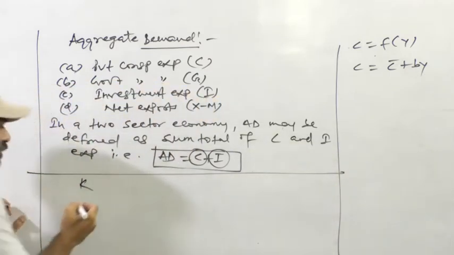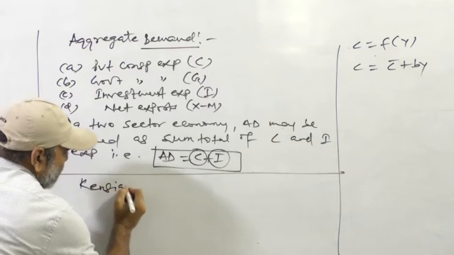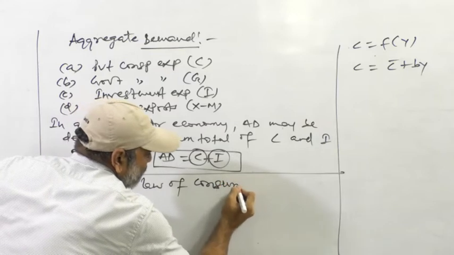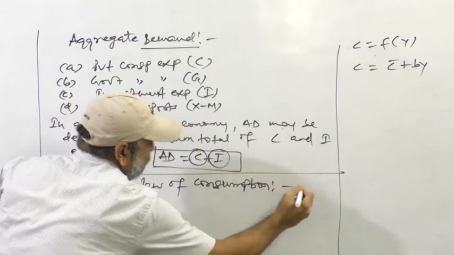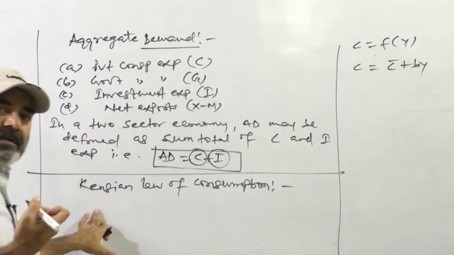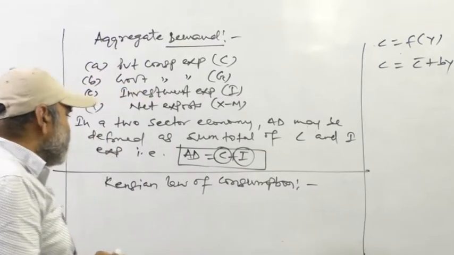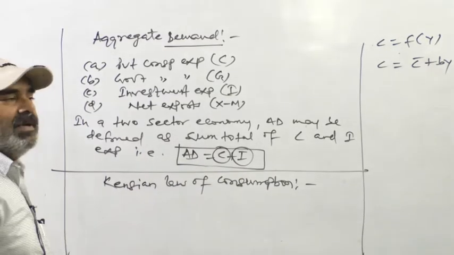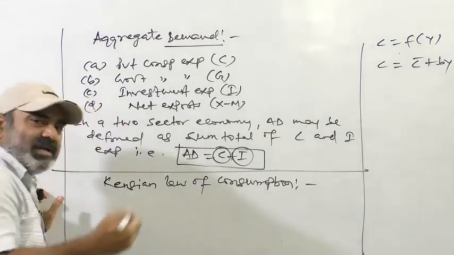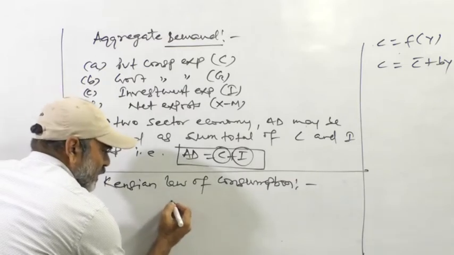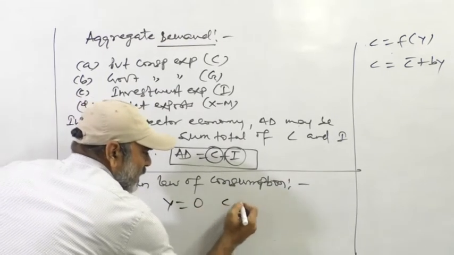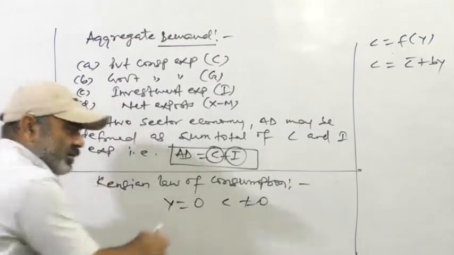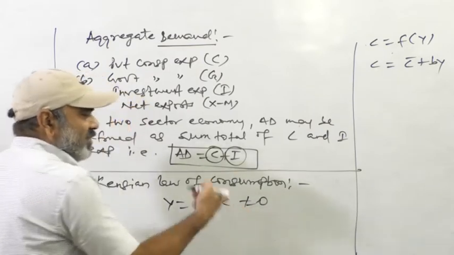इसको केंजियन भी बोलते हैं, बहुत से बच्चे इसको केंजियन बोलते हैं. Keynesian law of consumption, or Keynesian psychological law of consumption. And according to this, you know what happens? Even if income is zero, consumption expenditure cannot be zero.